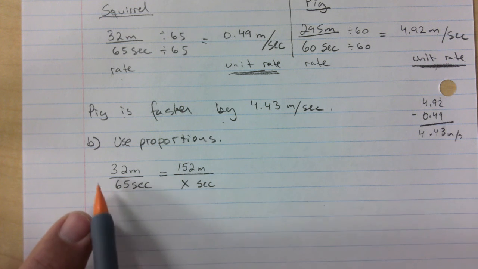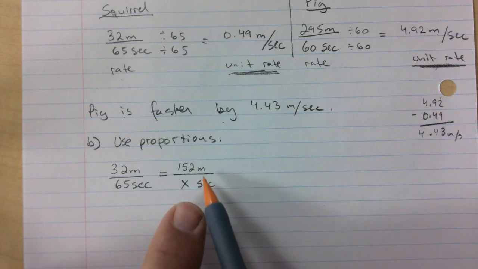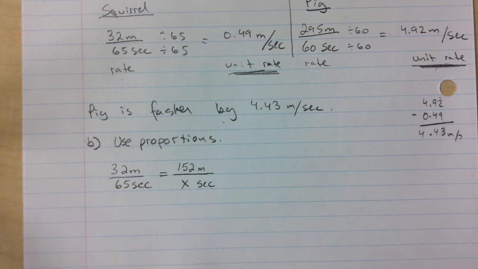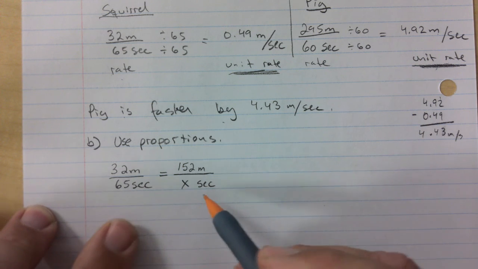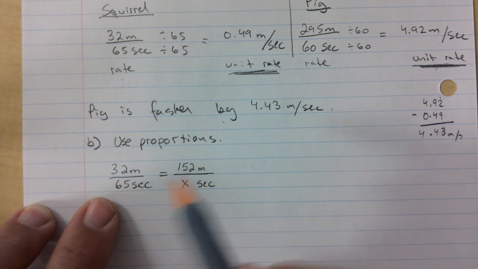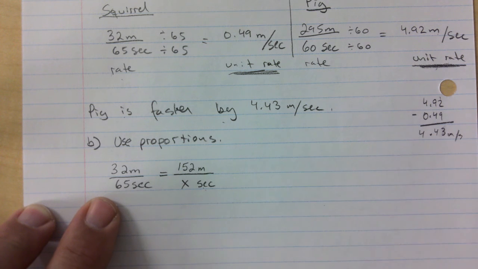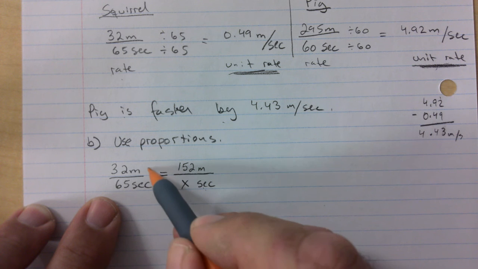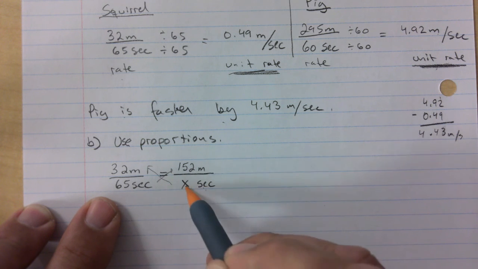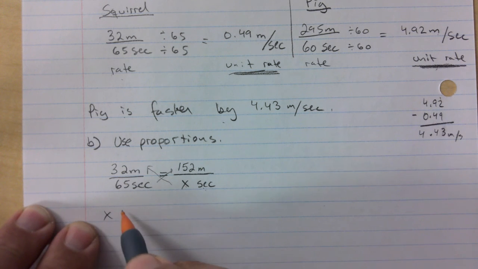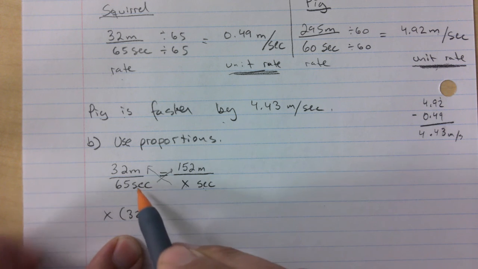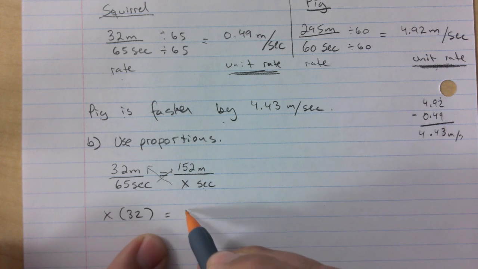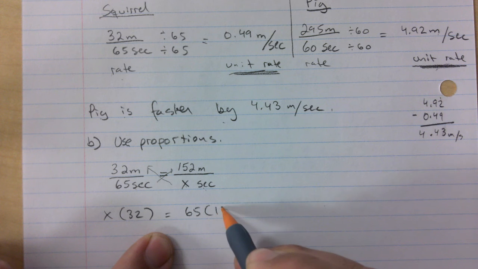This is known, and they give you partial information, so you just have to extrapolate and figure that out. Okay. So we're just going to get our time in seconds and then worry about it being in minutes later on. So we cross multiply as always. So it's X times 32, and it's 65 times 152.